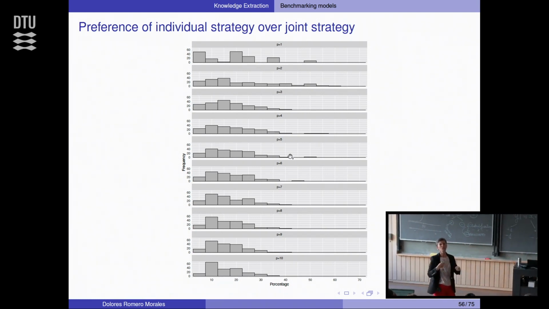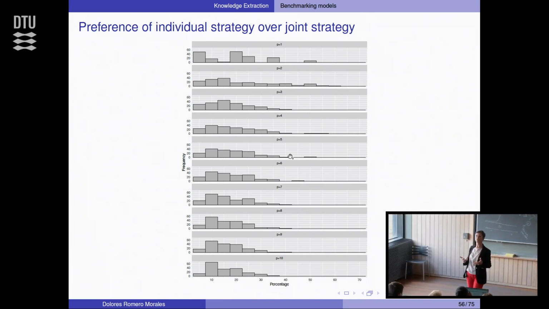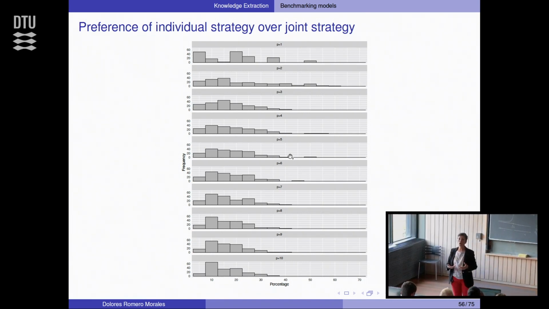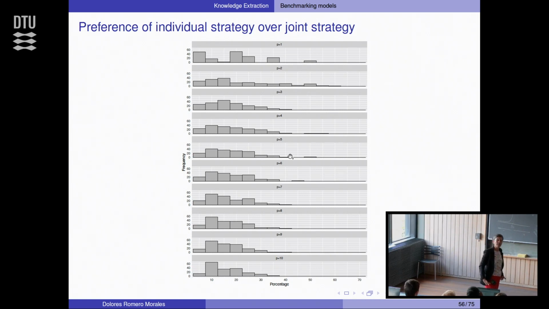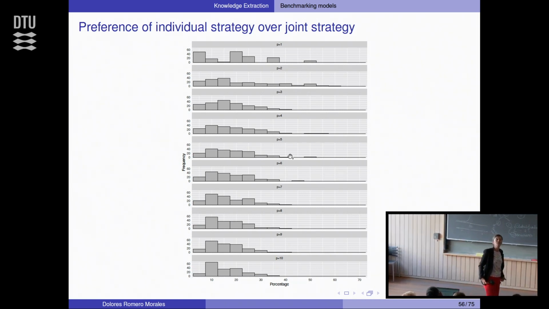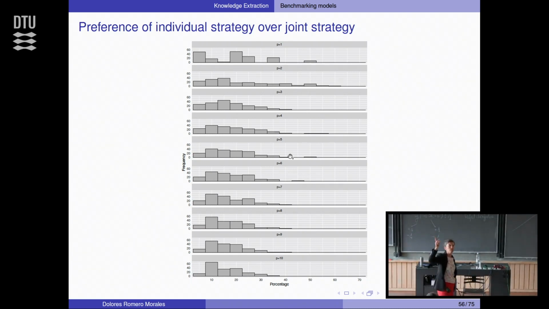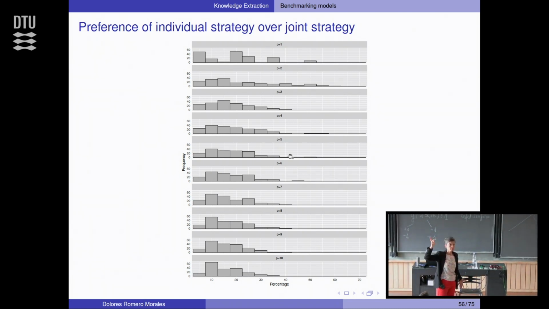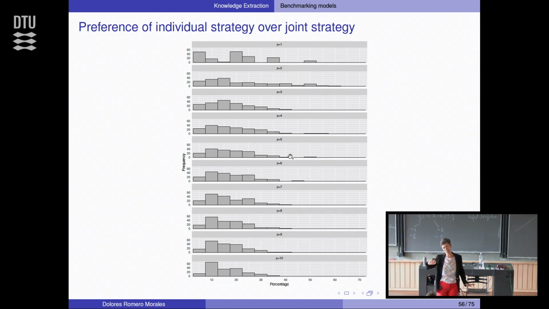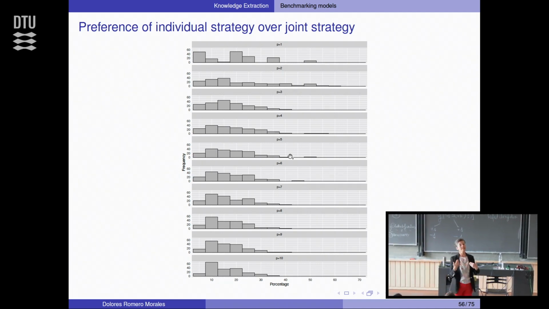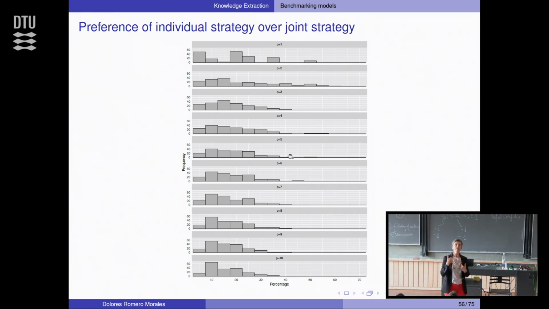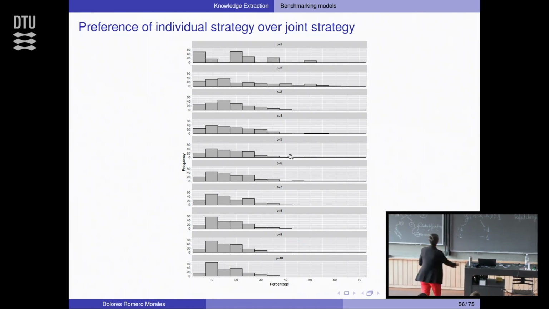And then what we did is what they call cross-efficiency. What efficiency do I get with one individual model, and what efficiency do I get with the joint model? Are you still following me? More or less. And then I see whether I prefer an individual model or the joint model. That's the cross-efficiency.